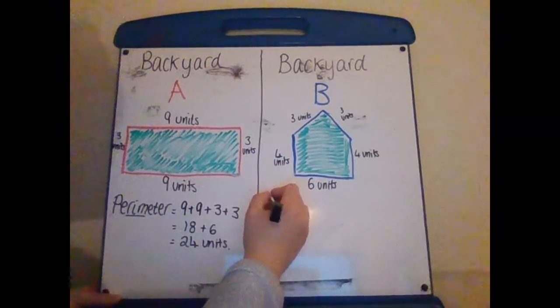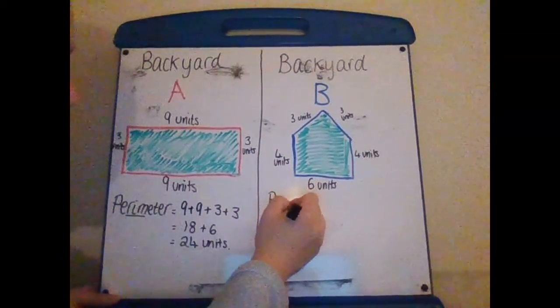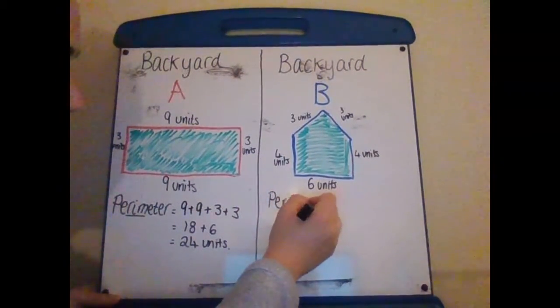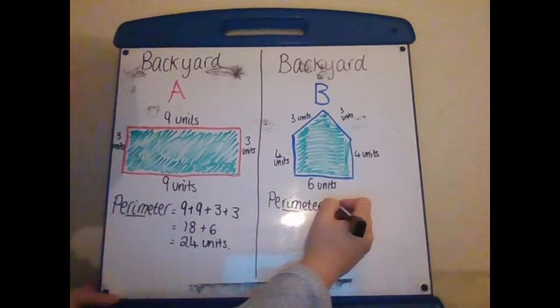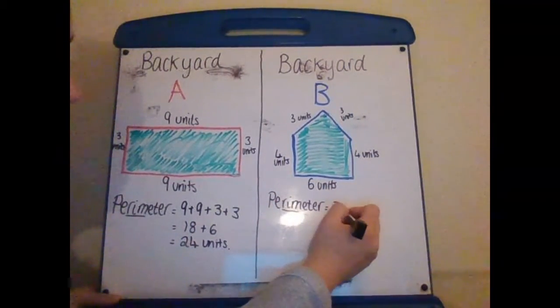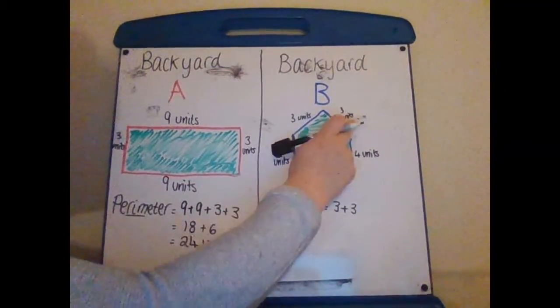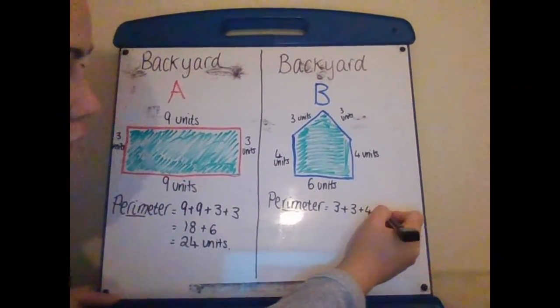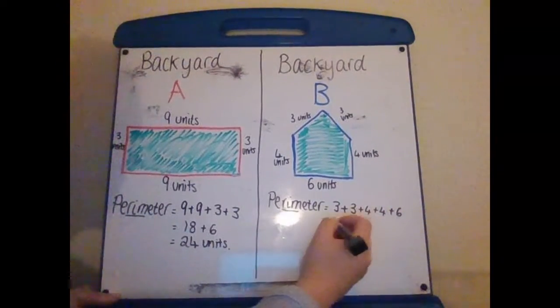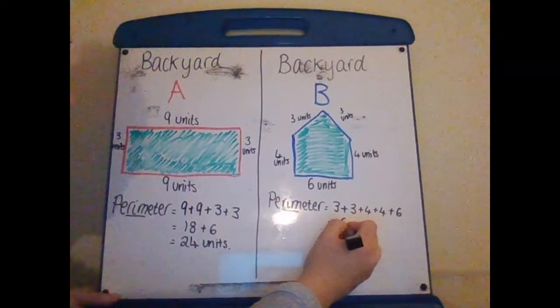The perimeter of B is again the rim, which is on the outside. Again, it's easier to add up our doubles. 3 add 3, we need to make sure we're getting them all. 4 add 4, add 6. 3 add 3 is 6.